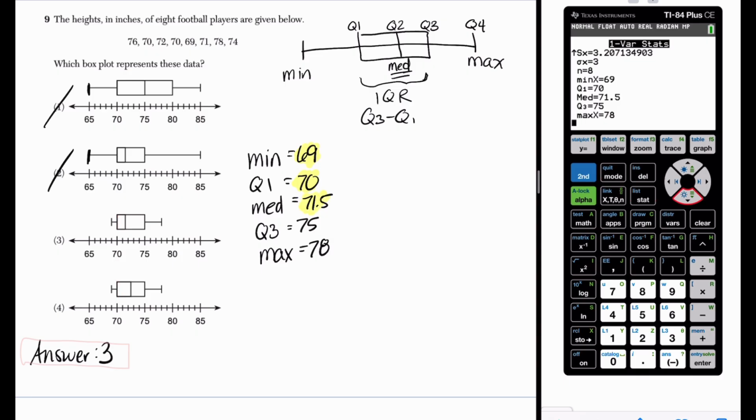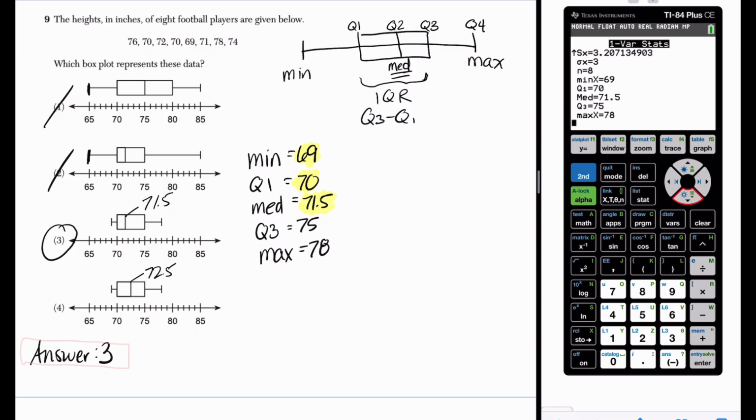Now let's go to the median, and it's at 71.5. So if I'm looking here, notice this line is somewhere between 71 and 72, so that looks like it works. Whereas this one here is between 72 and 73. So this one's at 72.5, this one's at 71.5. So this is our answer.